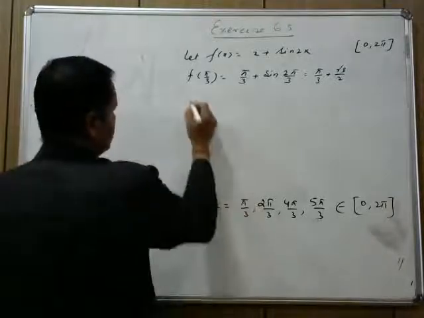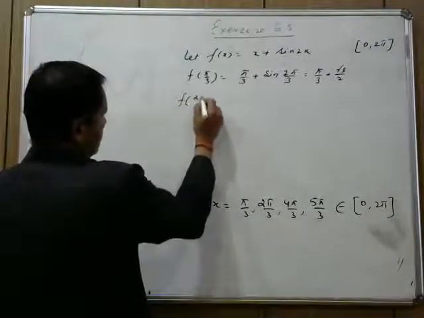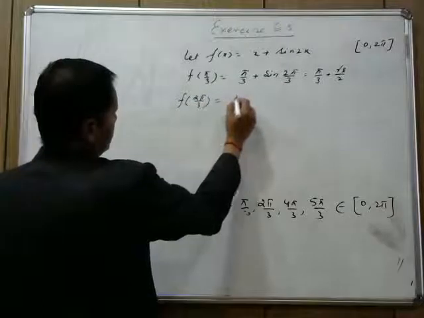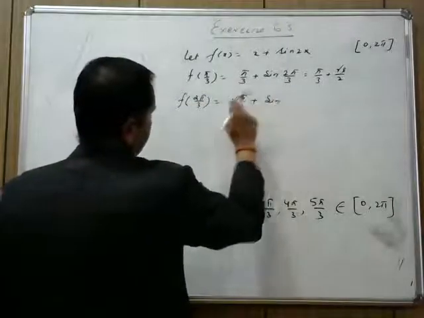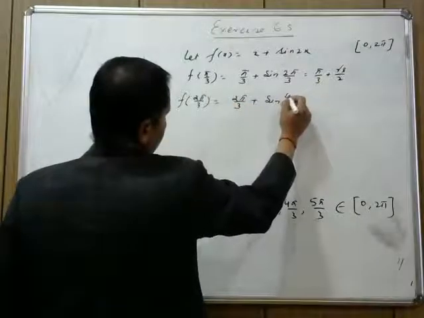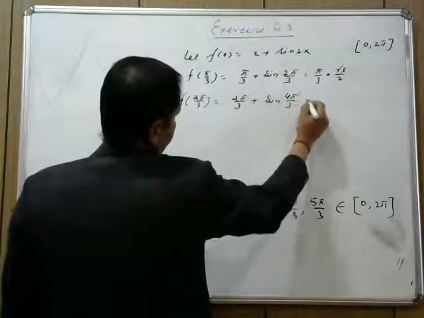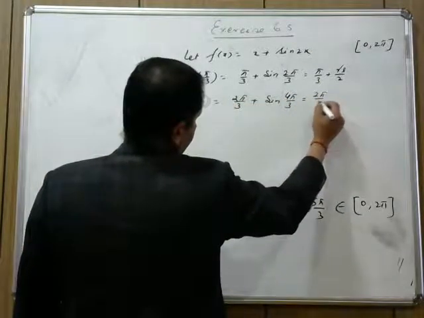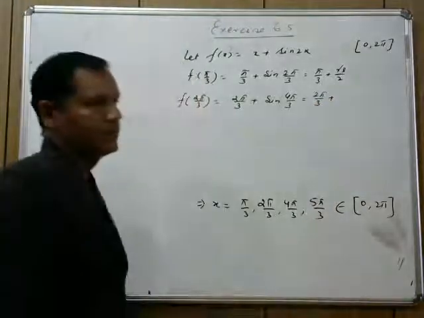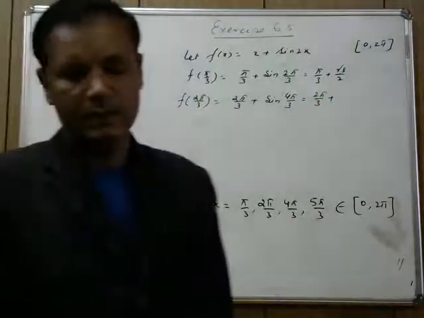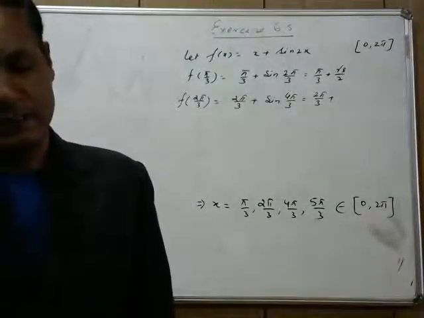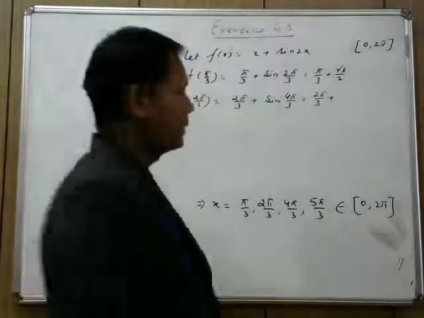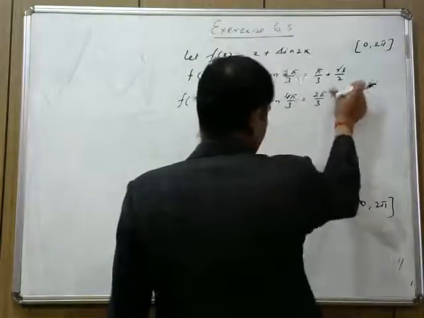At 2 pi by 3, f of 2 pi by 3 is equal to 2 pi by 3 plus sine of 2 into 2 pi by 3, that is 4 pi by 3. Now 2 pi by 3 plus sine 4 pi by 3, which is pi plus pi by 3, and sine of pi plus pi by 3 is minus sine pi by 3, and that's why here we will have minus root 3 by 2.